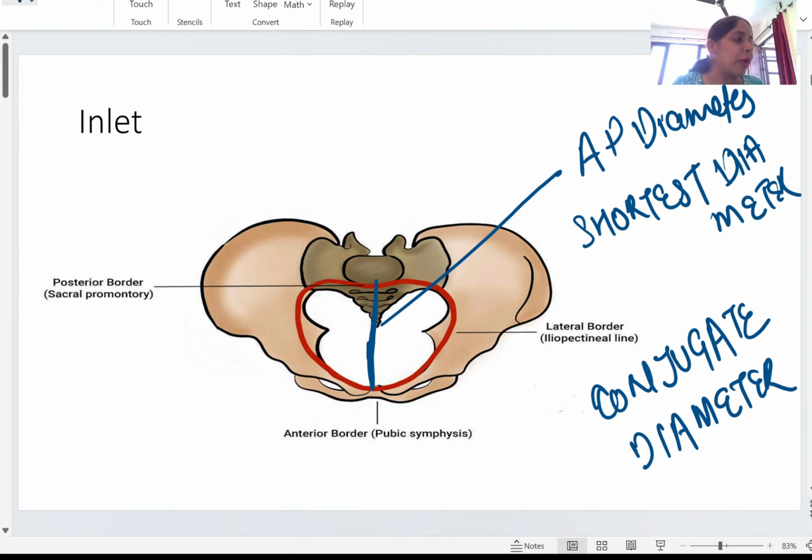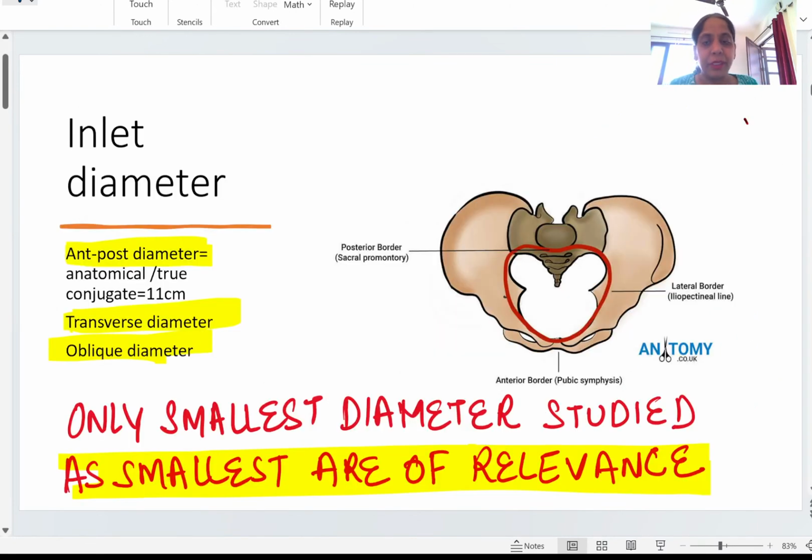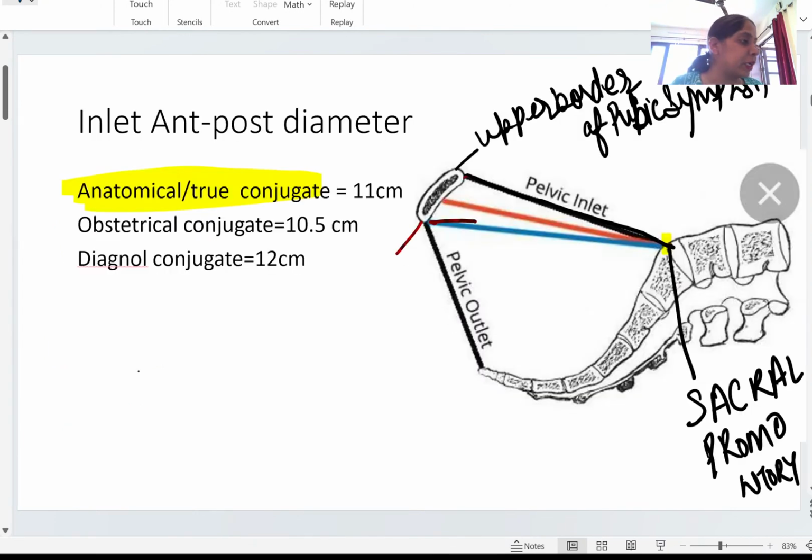Dr. Isra, it is not diagonal conjugate, it is conjugate diameter. They do have transverse and oblique diameters, but we will only be studying the conjugate diameters. There are three types of conjugate diameters. Let us study what the three types are.